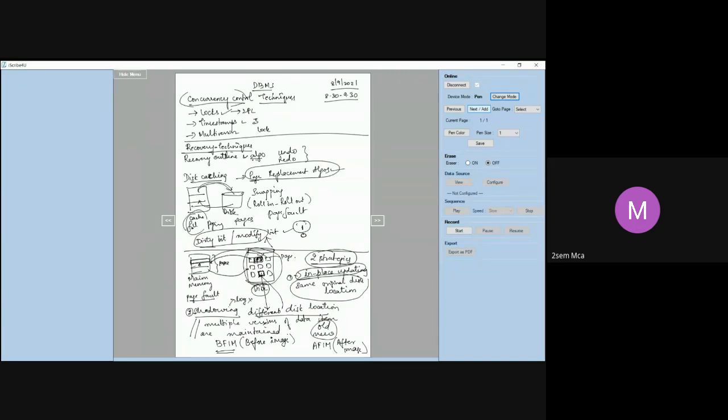So the old value simply gets overwritten by the new value. The second case is called shadowing. You are writing it to a different disk location, which means you are maintaining multiple versions of that particular data item.